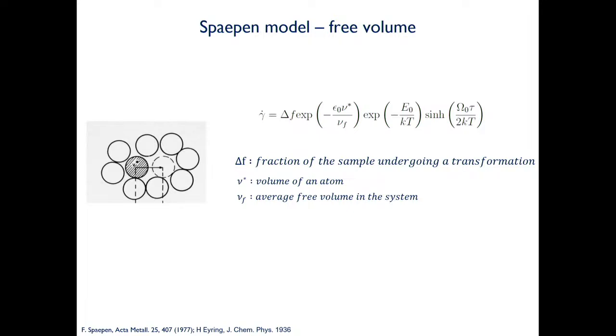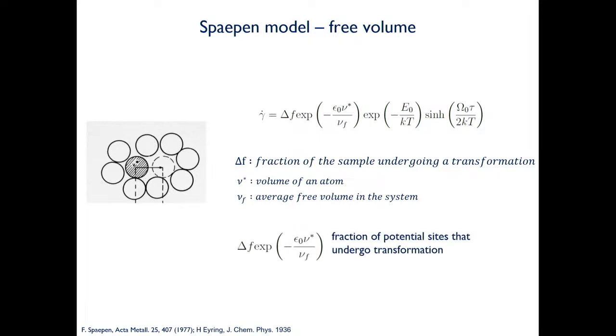What he said was essentially that if you apply stress, a particle is going to move only if there is sufficient volume available to it. Otherwise, it will not move. Based on that, they developed this kind of model. This is the strain rate, how the deformation rate depends on these parameters.